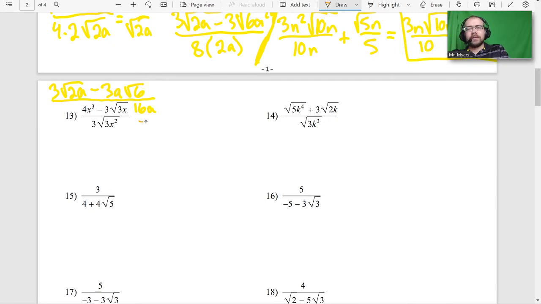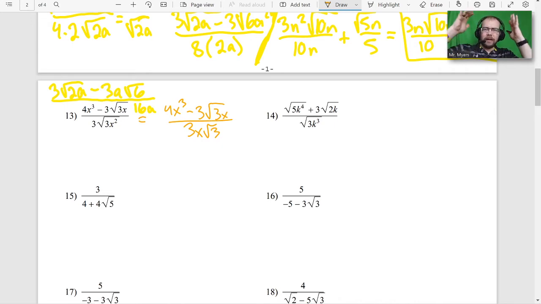This would be equal to 4x cubed minus 3 root 3x over 3x root 3. So then I'm going to rationalize the denominator by multiplying the top and the bottom by the square root of 3. And the other way to think about multiplying the top and the bottom of a fraction by anything is to just multiply all the things.